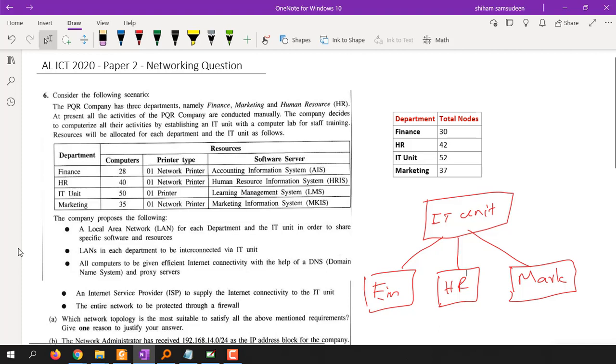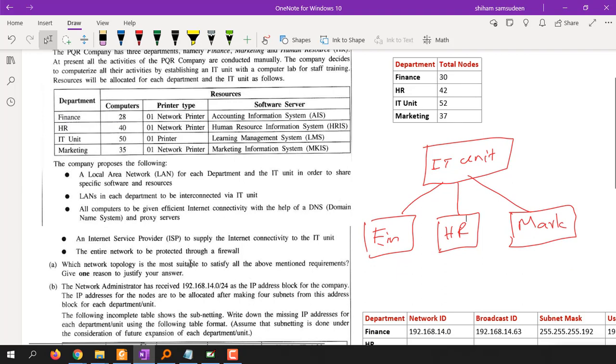All right. So the third point is all computers to be given efficient internet connectivity with the help of a DNS, domain name system, and proxy servers. So we need to enable internet connectivity, and there should be a DNS server and a proxy server.